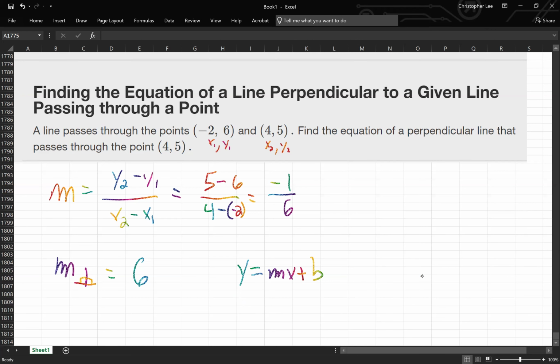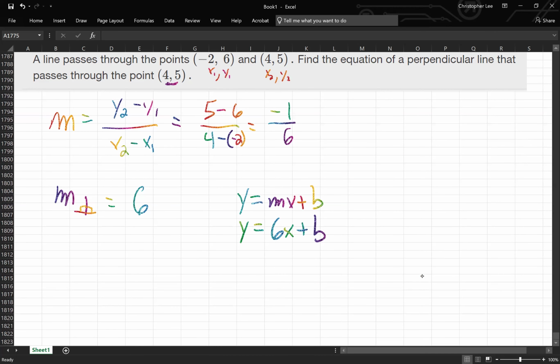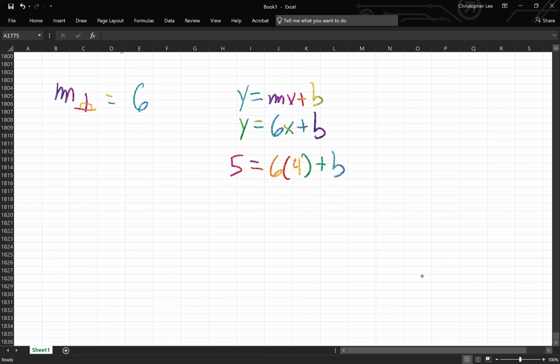Well, you know what? Let me just plug it in. Yeah, let me do it step by step. This is going to be equal to 6x plus b. We're going to plug in the point that we were given, which is the 4, 5, right? Plugging it in, what do I have? I have 5 is equal to 6 times 4 plus b, right? 6 times 4 is 24.